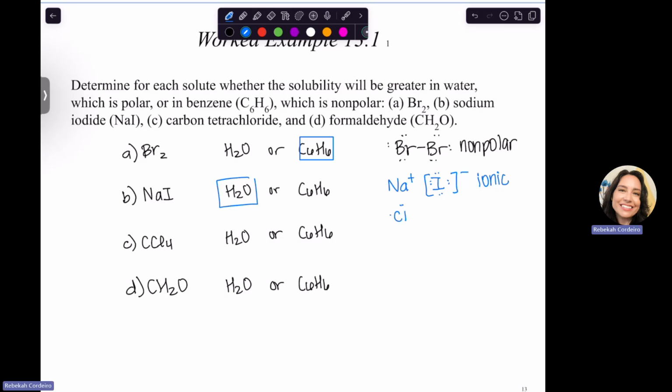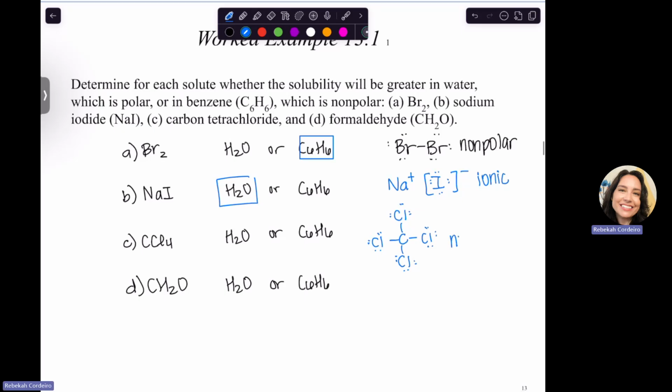CCl4. So if I draw my Lewis structure for CCl4, it will look like this. Is this going to be polar or nonpolar? Nonpolar, because if you have the same thing on the outsides of a tetrahedral, it's going to be nonpolar, so it would go better with benzene. And then CH2O would look like this.